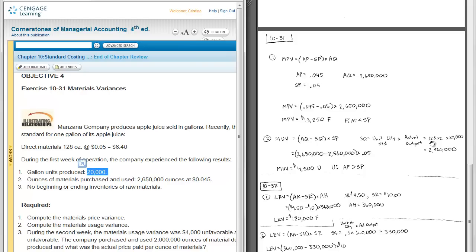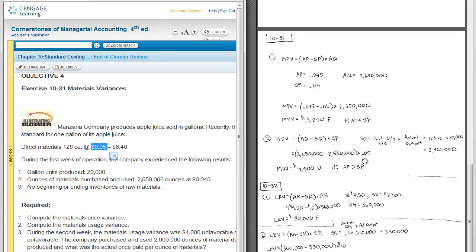So we just plug in those two numbers, 128 times the 20,000, and we arrive at the 2.56 million that we're going to plug into this equation over here on the left. Now we do have all the information that we need to solve this equation. The standard price we could either look back to the information or else realize that we did, again, use that in the first problem above.